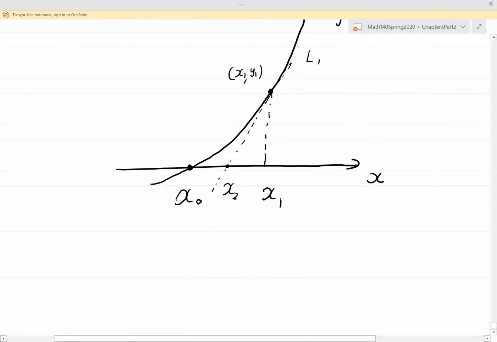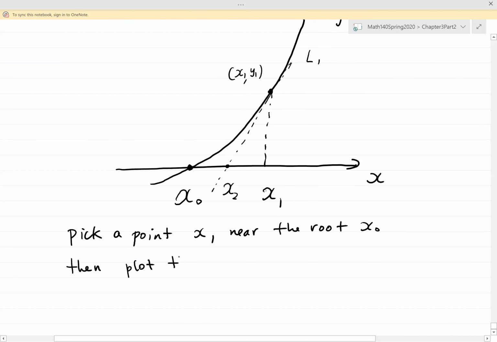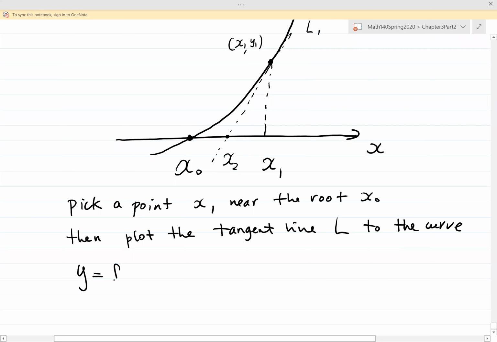So the idea is to pick a point x1 near the root x0, then plot the tangent line L to the curve y = f(x) at x1, y1, where y1 is of course the function value at x1.